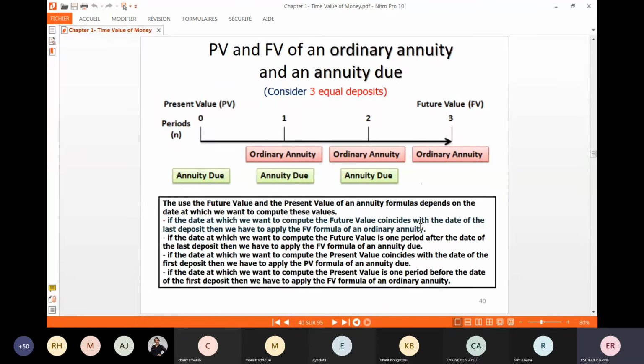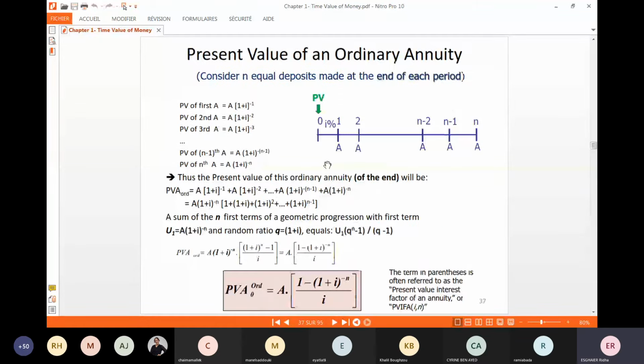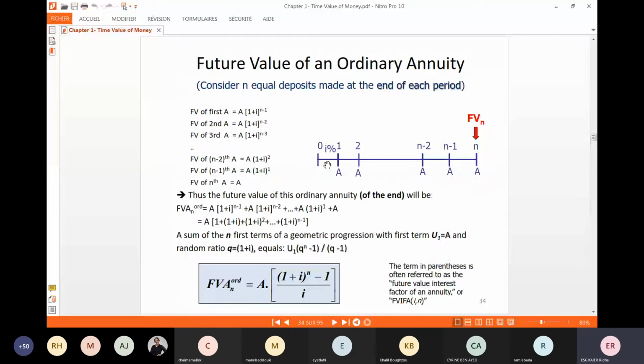When the future value date coincides with the date of the last deposit, all these A's are worth A times (1 plus i) power n minus 1 over i. So I know for sure that at the date of the last deposit, regardless of the date of the first one, the n previous deposits are worth only one amount equal to A times (1 plus i) power n minus 1 over i. Future value of an ordinary annuity.